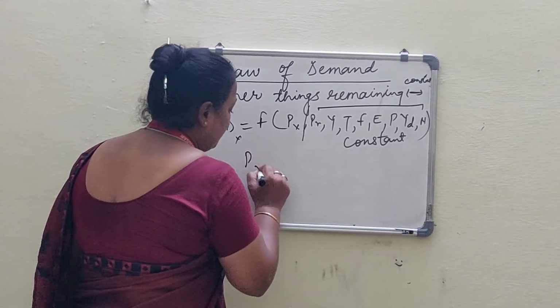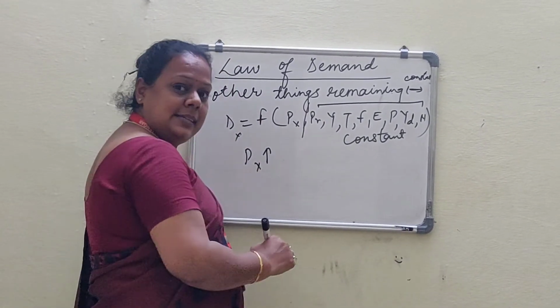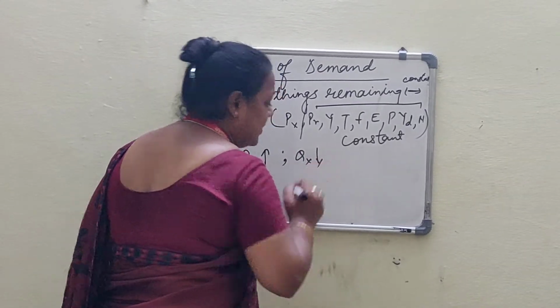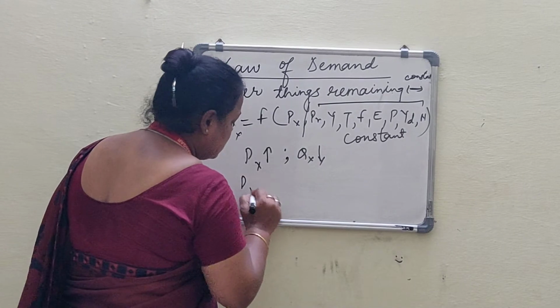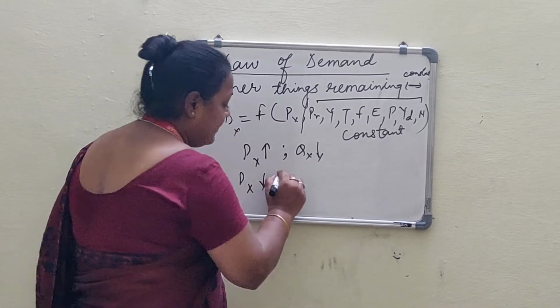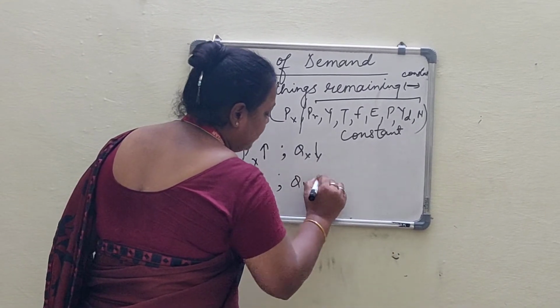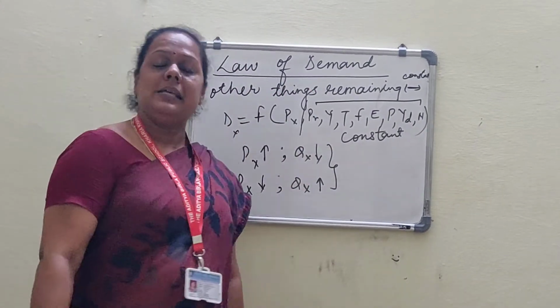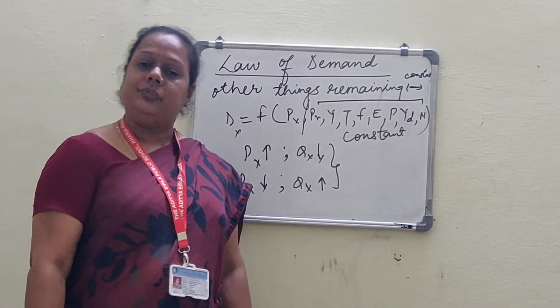When the price of X commodity rises, what will happen? The quantity of that commodity decreases. And when the price of that commodity falls, the quantity of that commodity rises. This is what we call the law of demand.